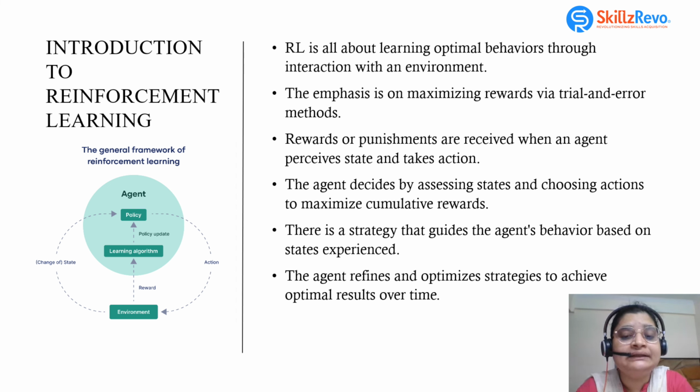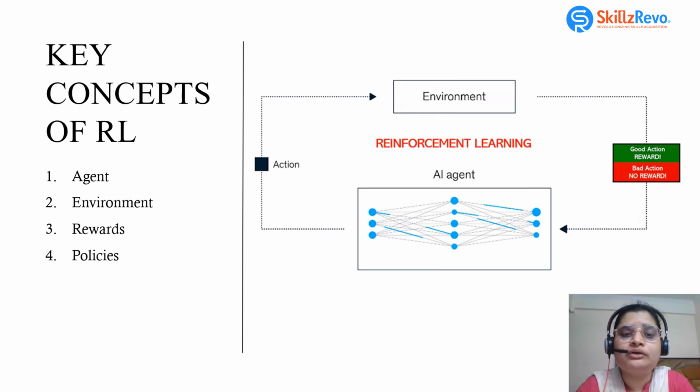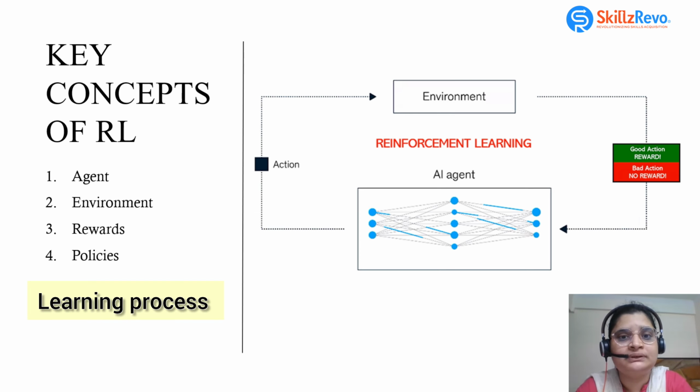Let us understand the key concepts of reinforcement learning in a bit more detail before we move further to the applications. The key components of reinforcement learning include the agent, the environment, rewards, and policies. Each of these plays an essential role in the learning process.